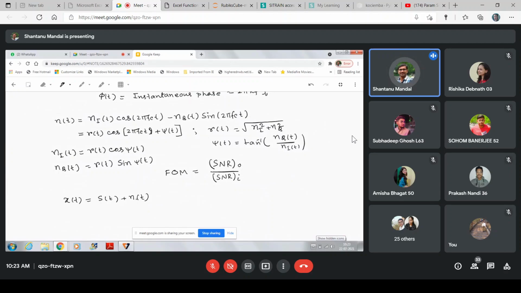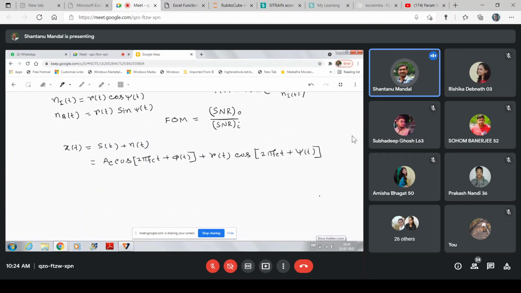Now writing s(t) plus n(t), this is equal to s(t), which is Ac into cos of 2 pi fc t plus phi(t), plus r(t) into cos of 2 pi fc t plus psi(t).